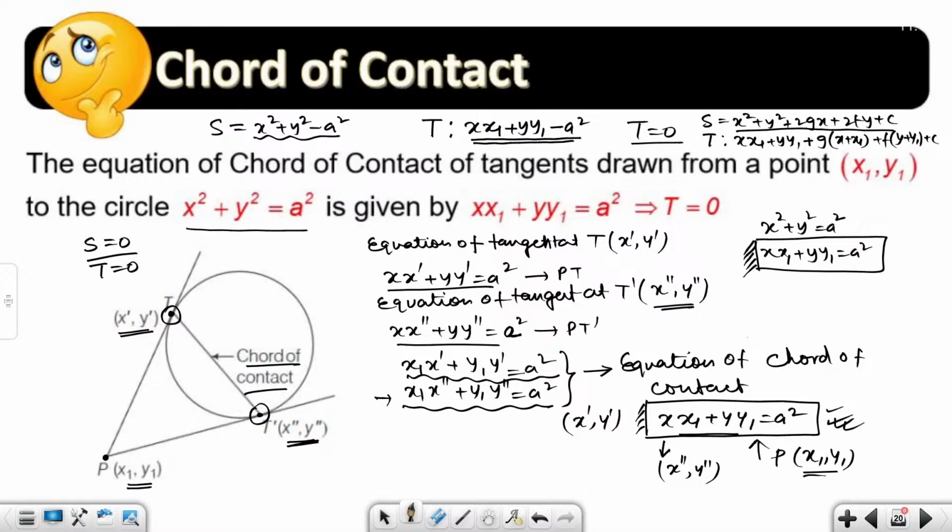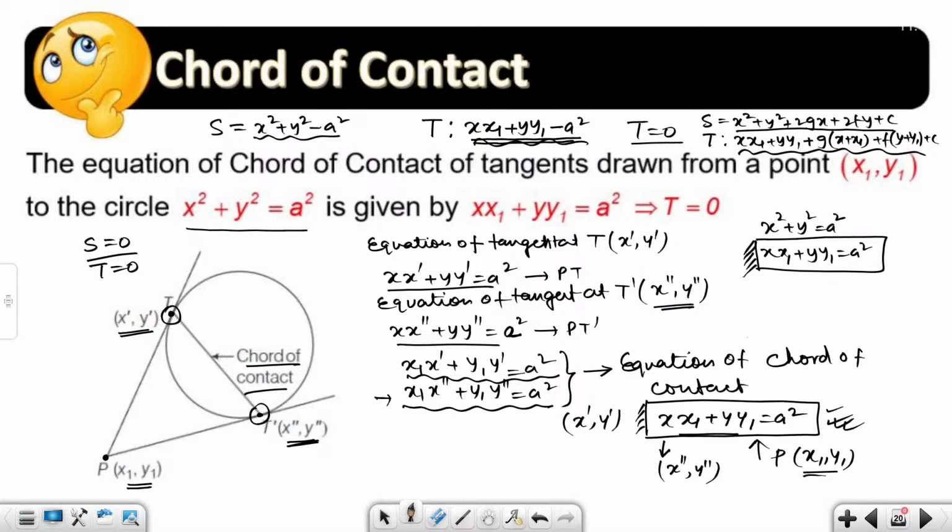But in case of the general circle, your T is this, not this. Is it clear? But always remember that whatever S you have, accordingly we will form T, and the equation of chord of contact is always T equals 0. Is it clear to all? Is this clear to everyone?